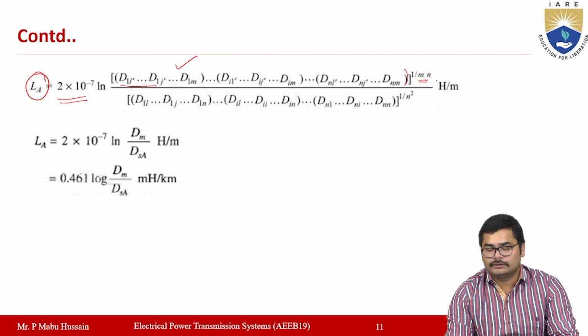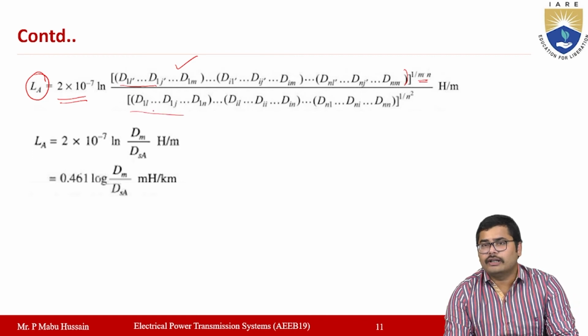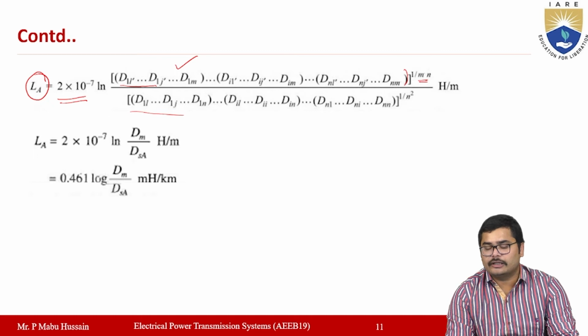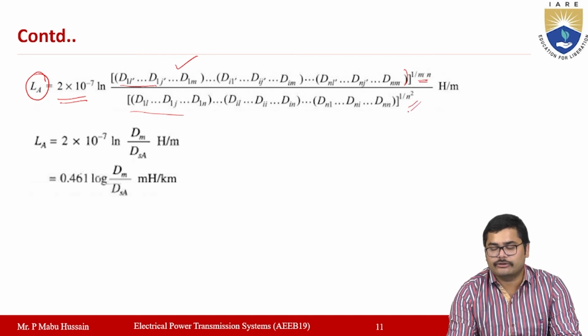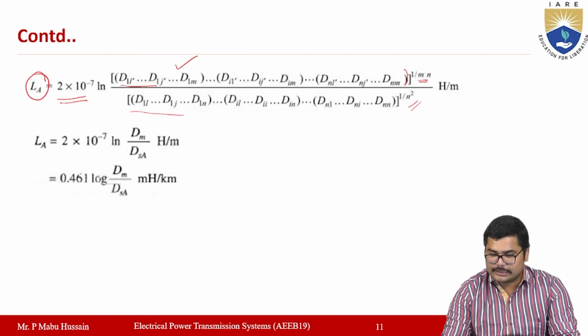In the denominator you will get d11, d12 up to d1n; if you take the second conductor, d21, d22 up to d2n; and the last conductor dn1, dn2 up to dnn, whole to the power of 1 by n square. Okay.